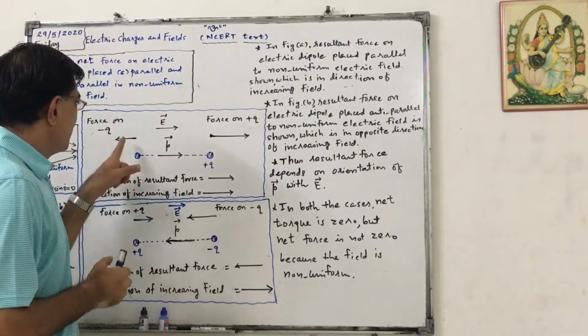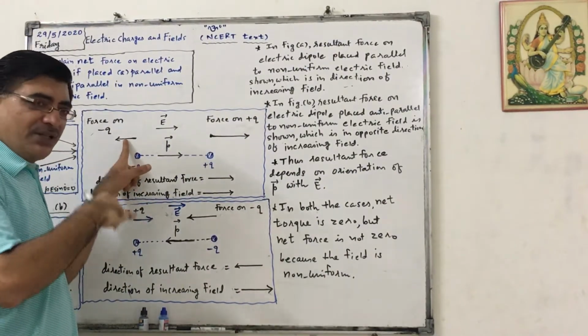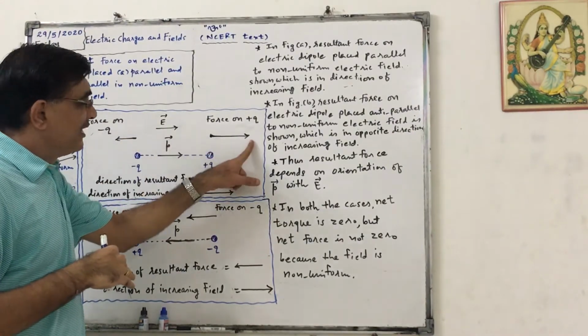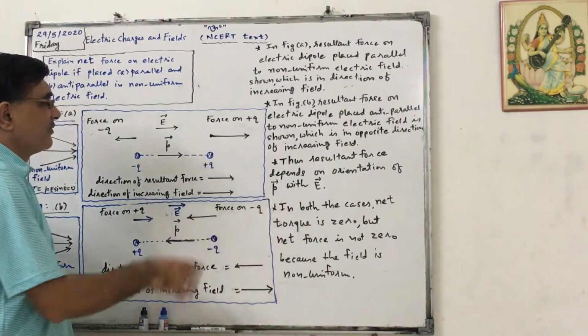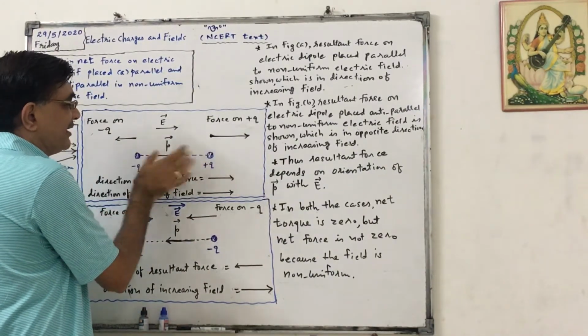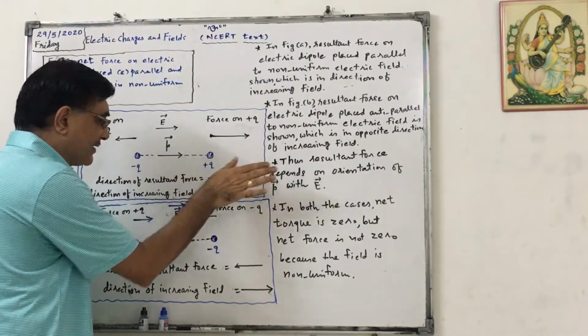But this force has less value because it is in weaker field, and this has more value because it is in stronger field. So the resultant force will be vector sum of these two, and that will be in this direction. So direction of resultant force is this.